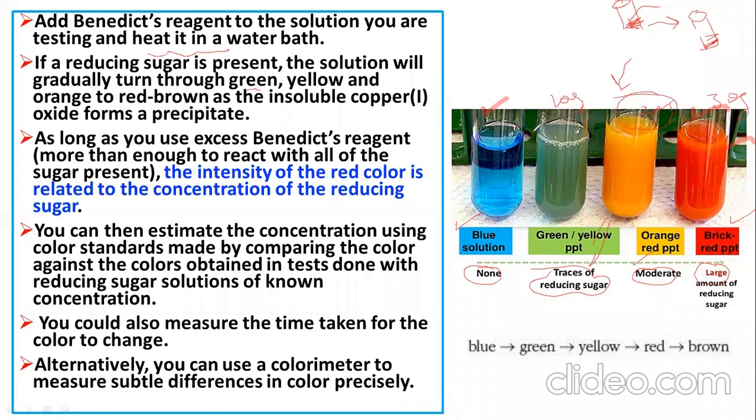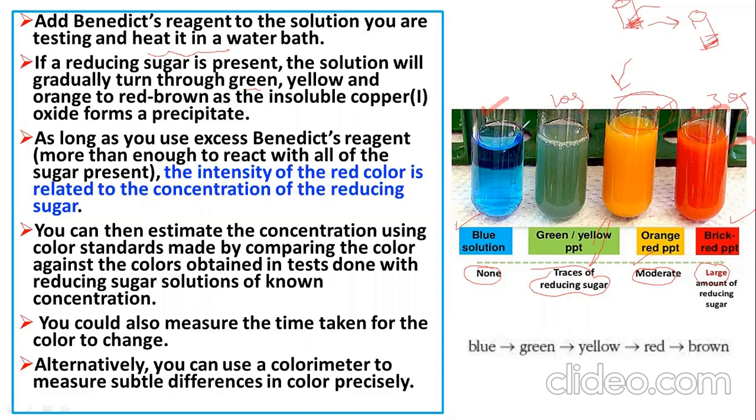Or you can also use a colorimeter, right? You can also measure the time taken for the color change; if it takes less time, it means more reducing sugar. One is that. Another, you can also use a colorimeter. Usually we face problems in color judgment.